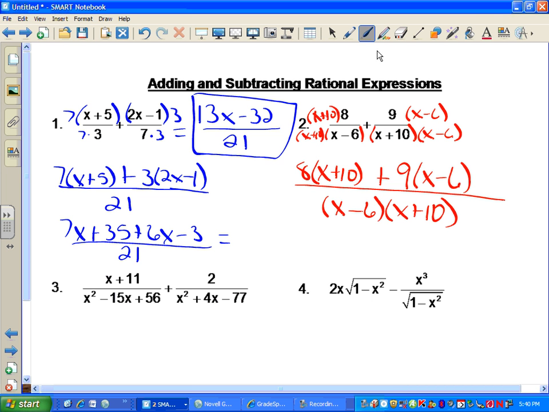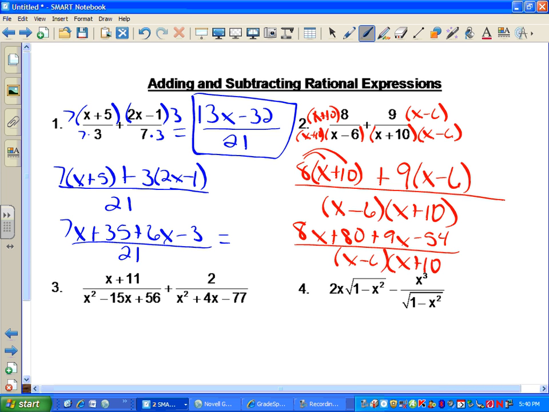Now, in the same fashion we did in number 1, we're going to distribute. So we have 8x plus 80 plus 9x minus 54 all over x minus 6, x plus 10.